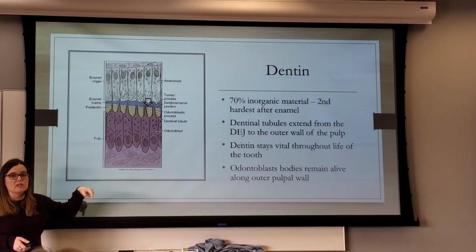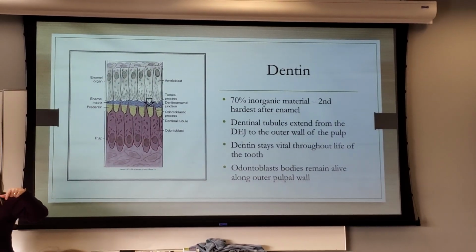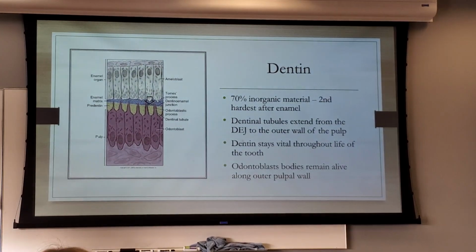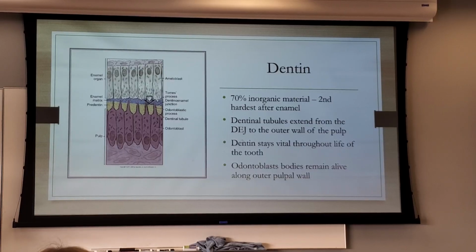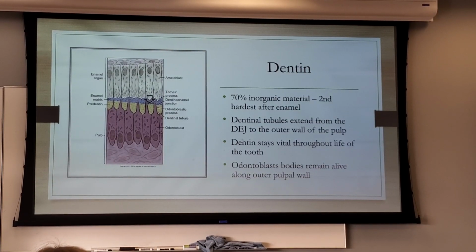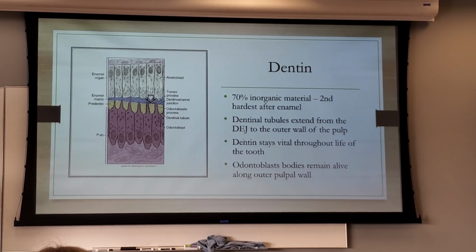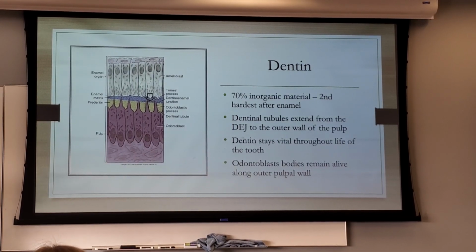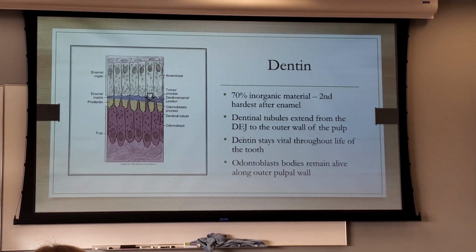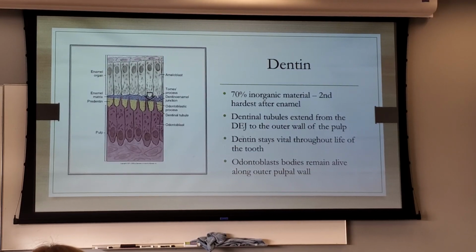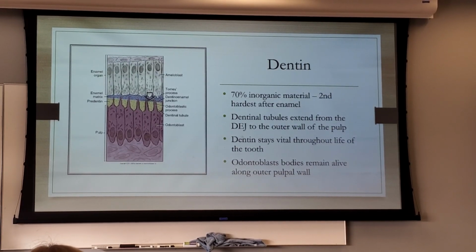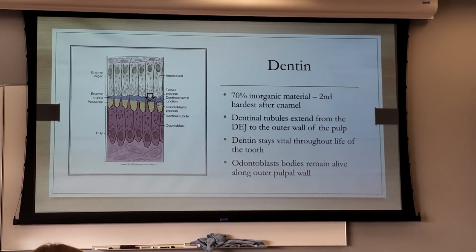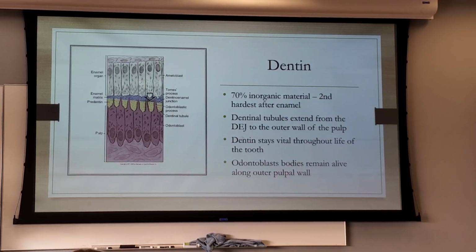The odontoblasts actually live there, if not dormant to an extent, or as needed, they'll come back alive, but they remain on that outer wall of the pulp so that they can continue to make the dentin as needed, based on the tooth's need. So, again, our DEJ is that connection between our dentin and enamel, and the dentin forms first, and then the enamel starts forming off of those Tomes process.